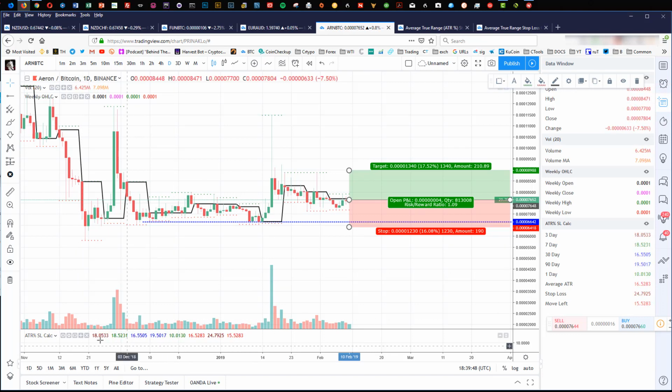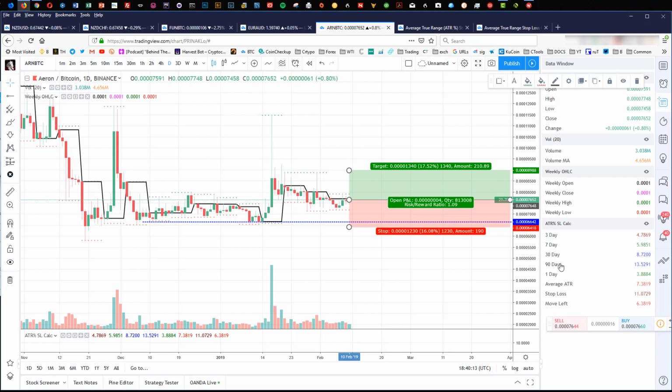These other numbers can be helpful as well, and I will share some tips on them. If you memorize that these are the 3-day, the 7-day, the 30-day, and the 90-day ATR, I find that understanding the difference between the 30-day and the 3-day can give you an idea of a change in volatility.